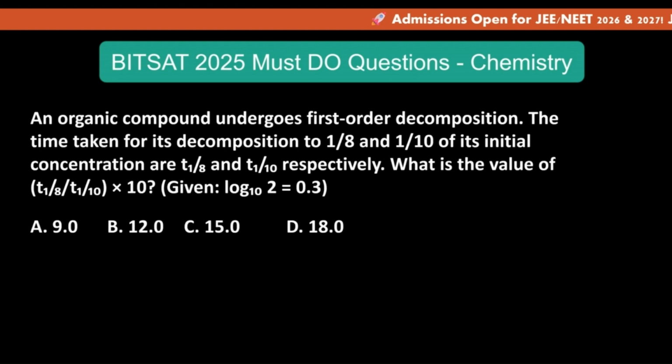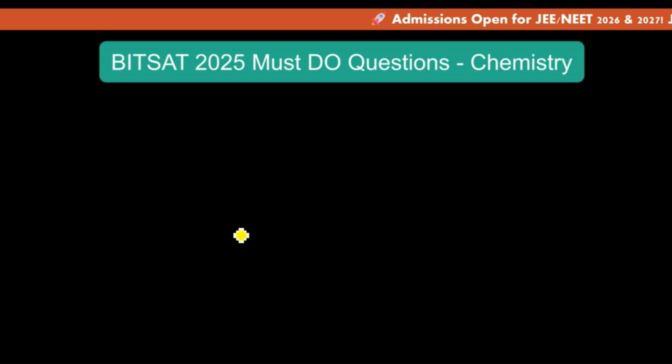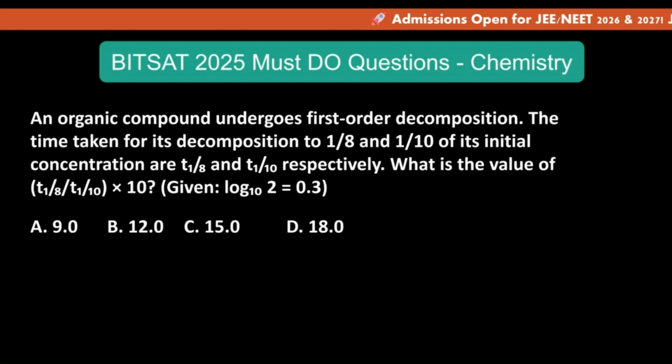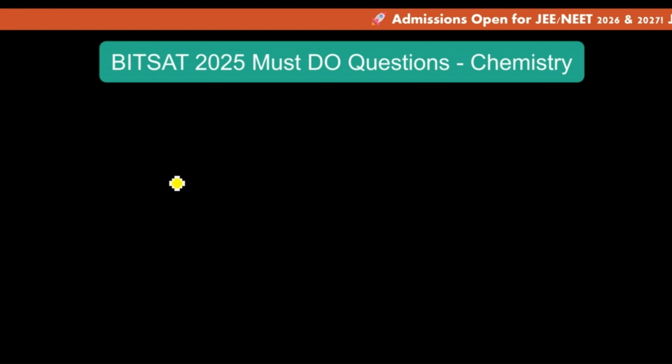Then, an organic compound undergoes first order decomposition. The times taken for the decomposition to 1/8 and 1/10 of its initial concentration are given. What is the value of the ratio, into 10? Let's calculate. First of all, this is a first order reaction that is mentioned over there. So for the first order reaction, ln A by A naught is equal to minus Kt.